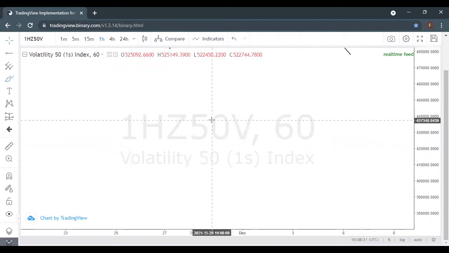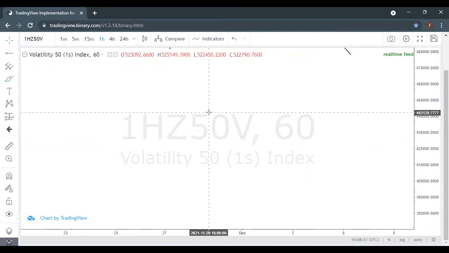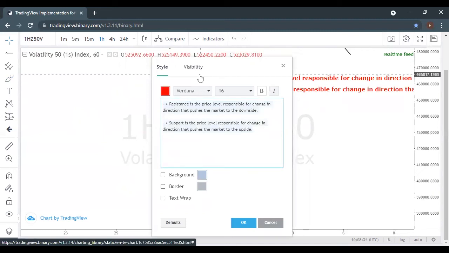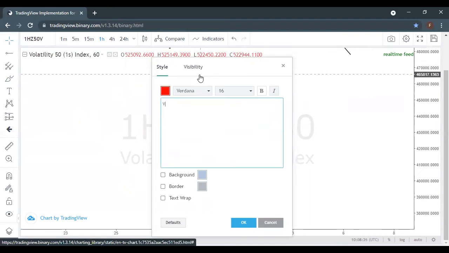Let's say we have our pair that we are trading. Right now we have V50S, or maybe we are having Nasdaq.